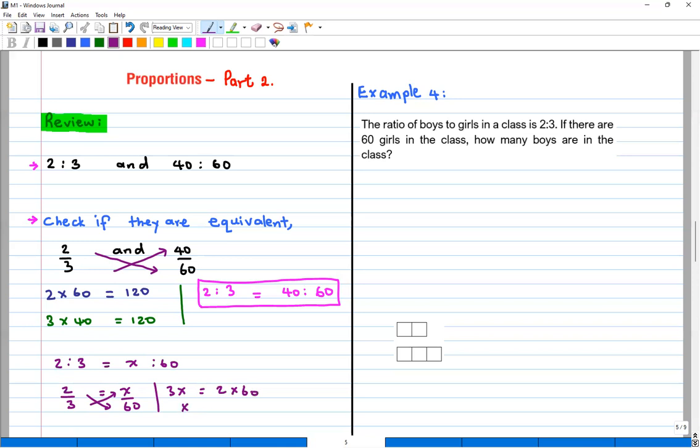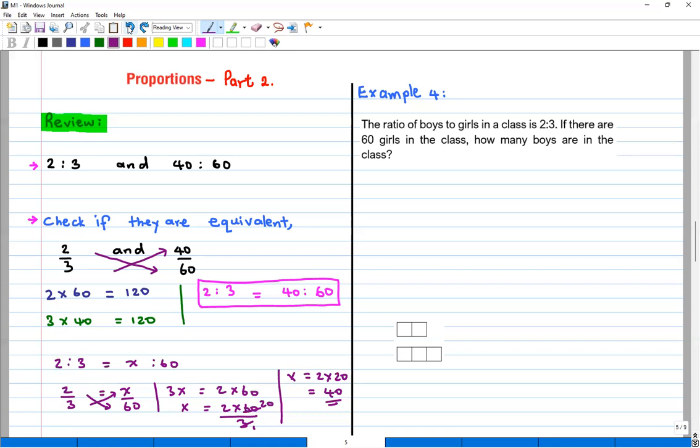So x will be 2 times 60 divided by 3. Dividing 60 by 3 we get 20. So x is 2 times 20, which is 40, the same 40. I hope you see how important this is.